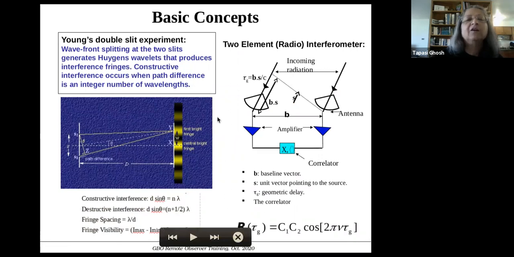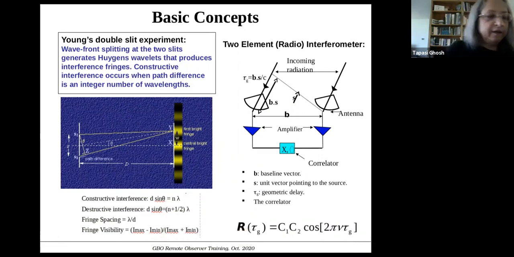Okay. So on the left-hand side here, I'm showing a picture of an experiment that many of us have done at the optics lab. This is Young's double slit experiment, which shows interference fringes.